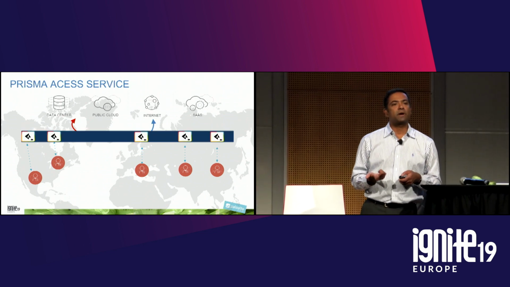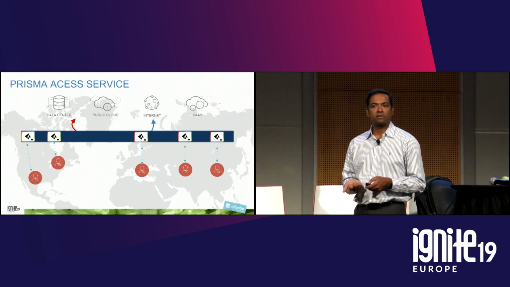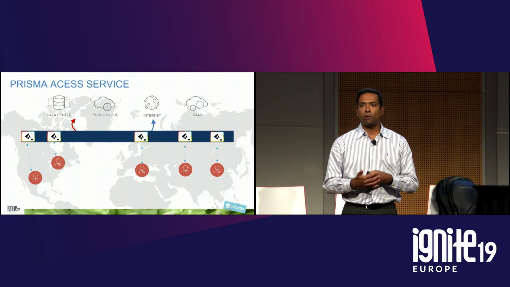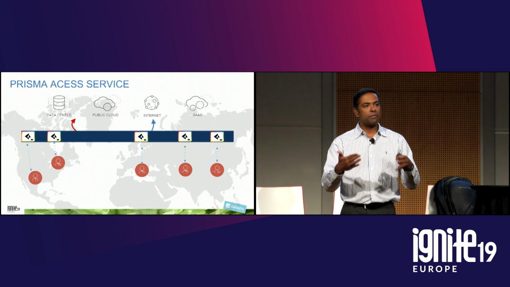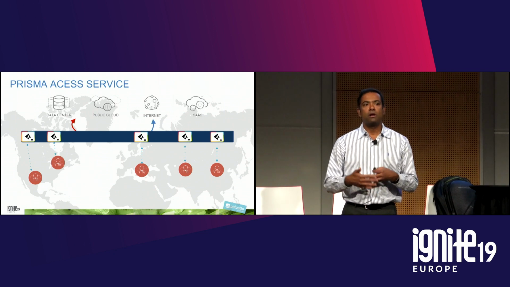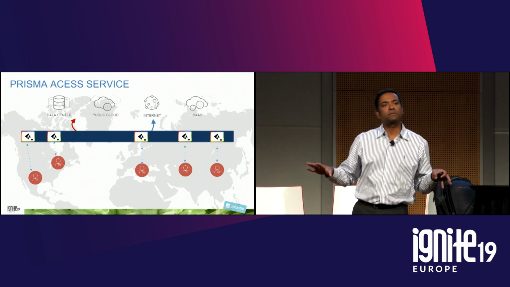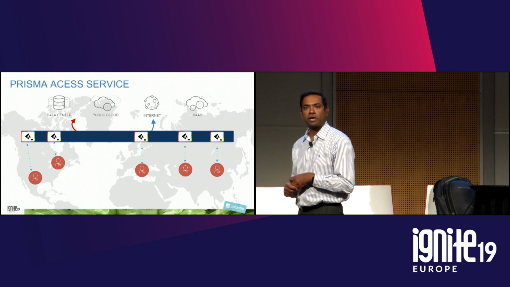So that's where Prisma Access for mobile users came into play, saying, what if I take that pain point of infrastructure deployment from my customers, and we provide that as a service to our customers? That makes the adoption much, much simpler. So the idea here is that we have the Prisma Access layer available in 100+ locations around the world.